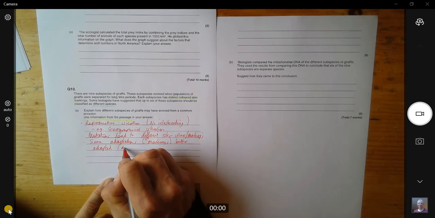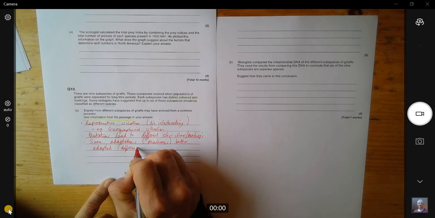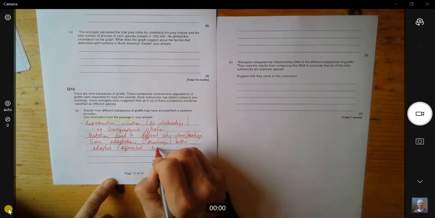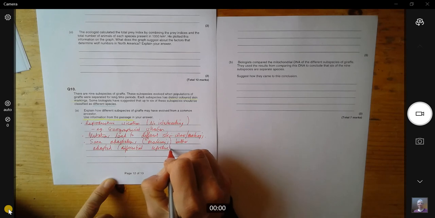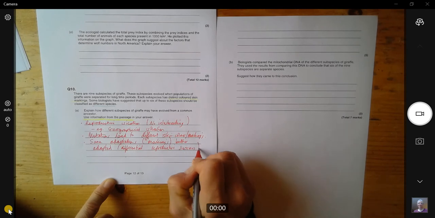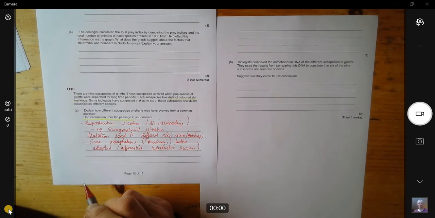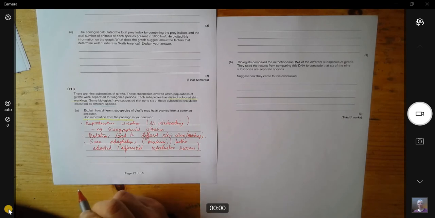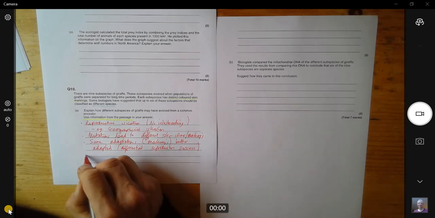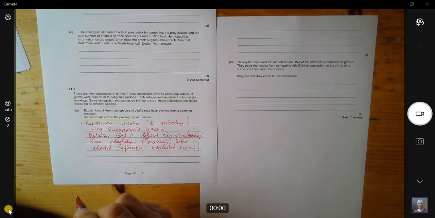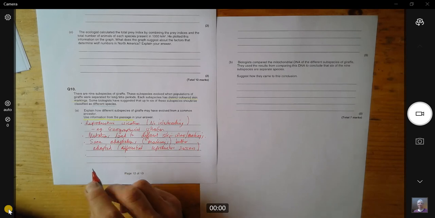So differential reproductive success. So some better example, better adapted, fitter, and then that they will pass on their favourable alleles to the next generation, and that will eventually increase the allele frequency for those markings.